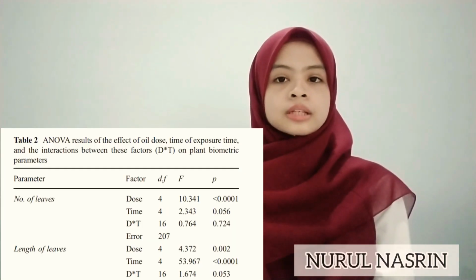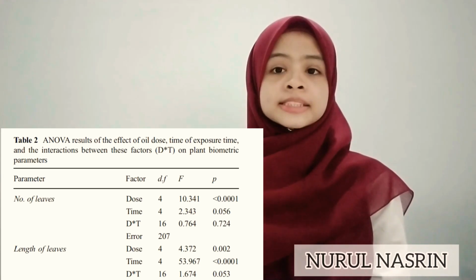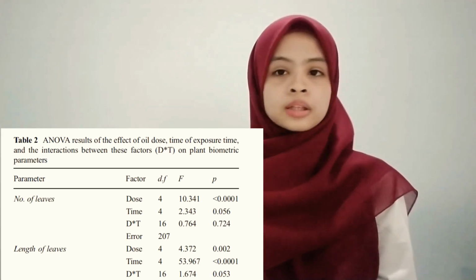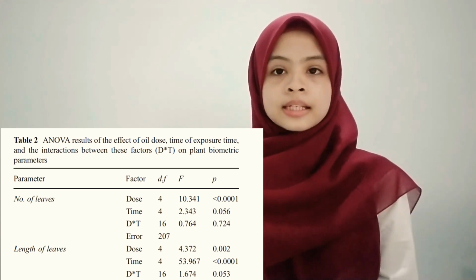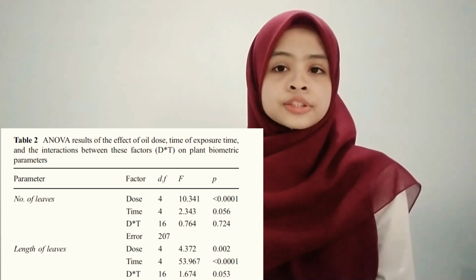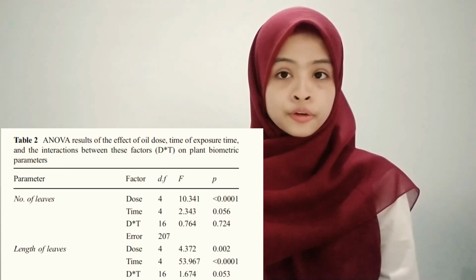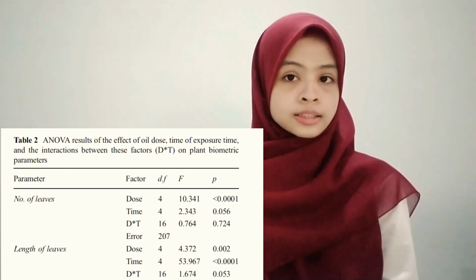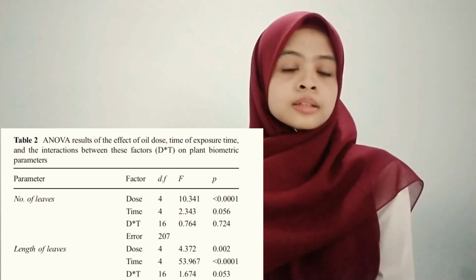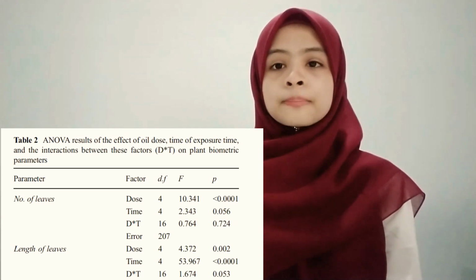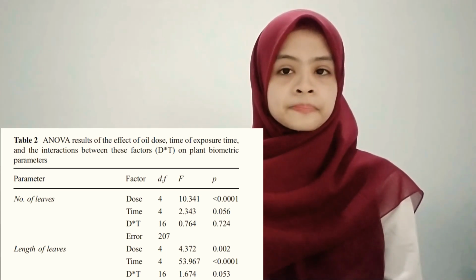Based on the results, the following parameters were tested with an interaction between time of exposure and oil dose. Firstly, it affects the number of leaves. On day 1 of treatment, the plants show an increased number of leaves. Until it reached 20 days, the test parameters could not be analyzed because dead plants were excluded.